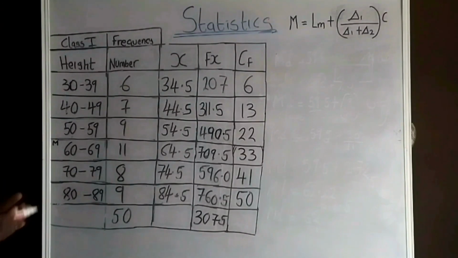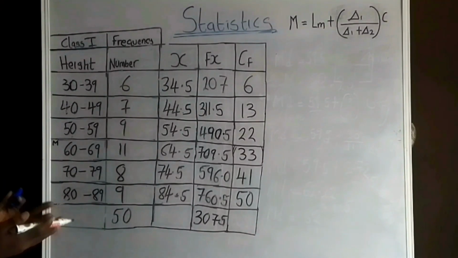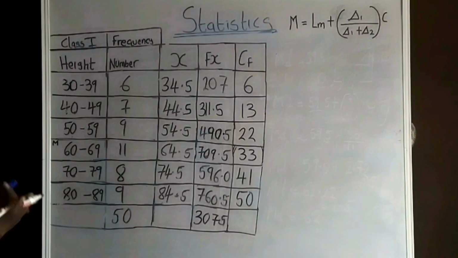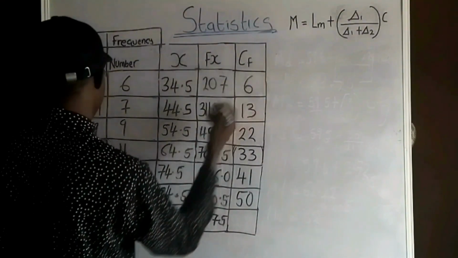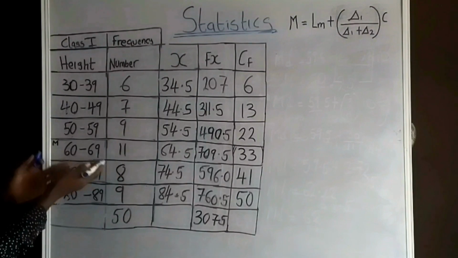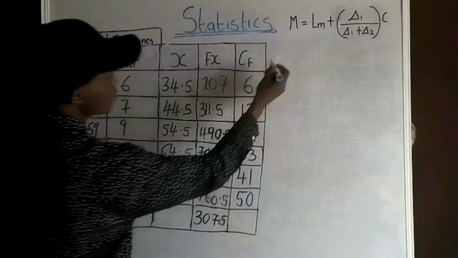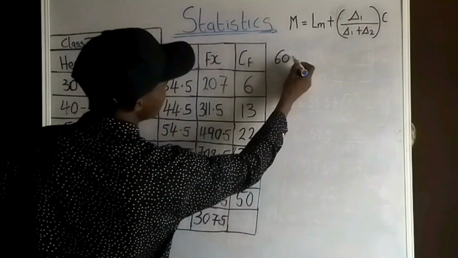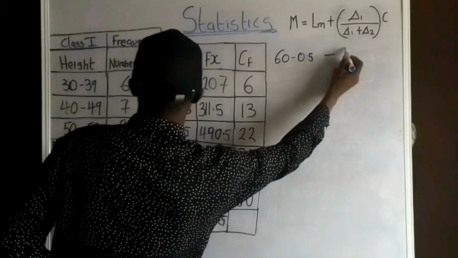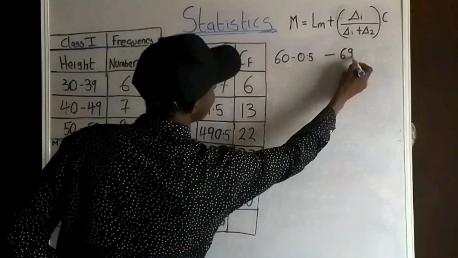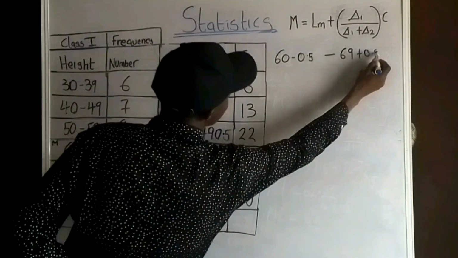After getting the modal class interval, from the formula I still need the lower class boundary of the modal class. In that case, I need to get the class boundaries of the modal class interval. Therefore, I'm going to subtract 0.5 from 60, and add 0.5 to 69.